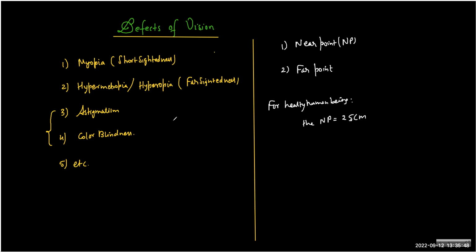How they have come to know about this number is still not clear, but the near point for every human being without any defect of vision, we have to take as 25 centimeter. Okay. So if something is closer than 25, then you cannot see it clearly. So how to see an object which is very close? And what is the problem with the very close objects?